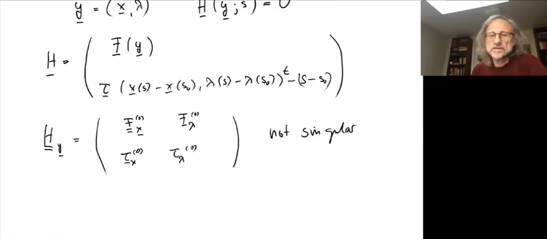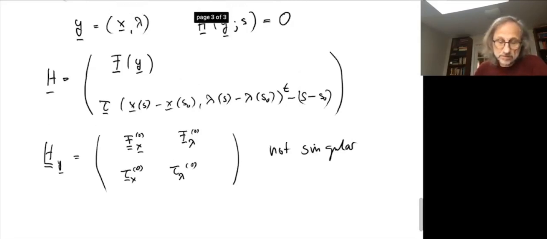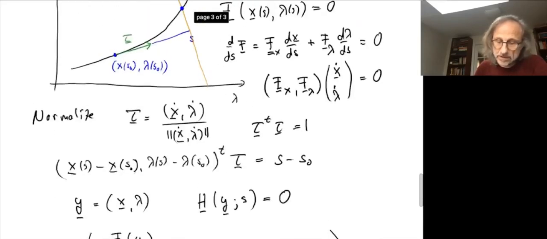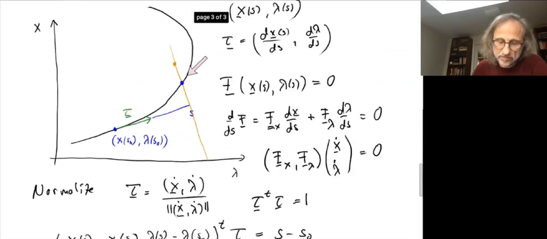And if it's not singular, it's invertible, and that means we can actually follow that branch smoothly. The implicit function theorem tells us that there's a unique smooth branch going along here, even though we're actually going eventually around this bifurcation point.